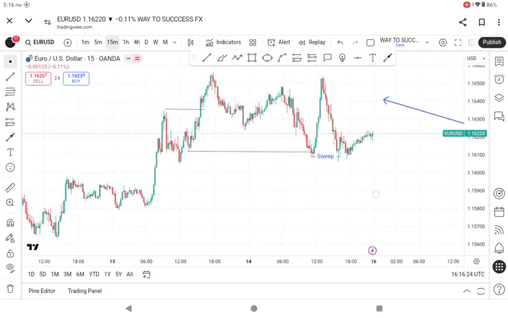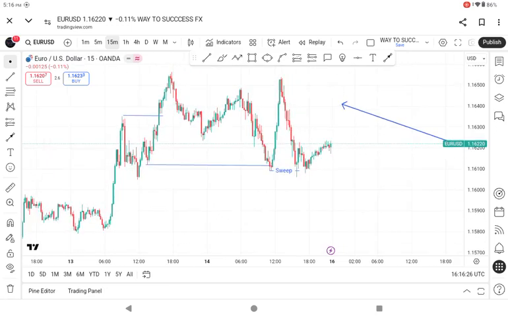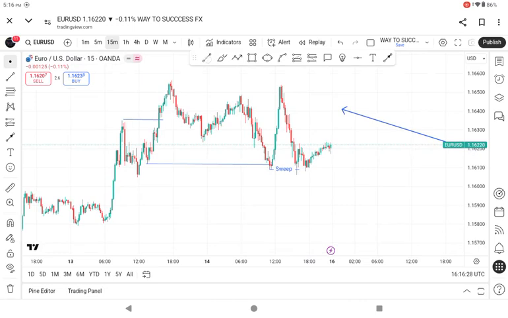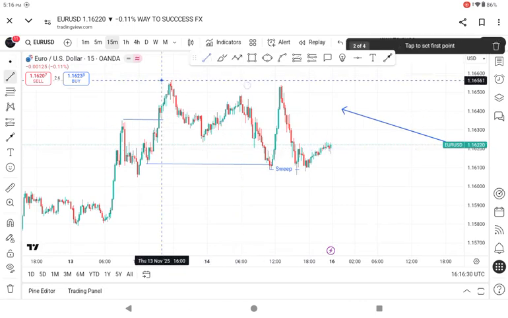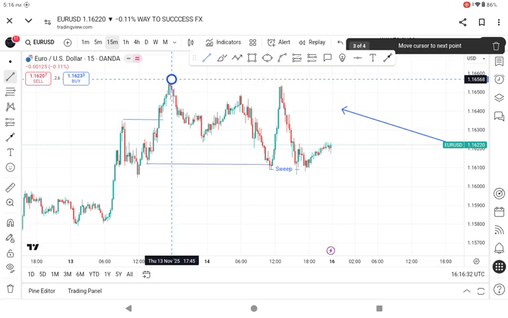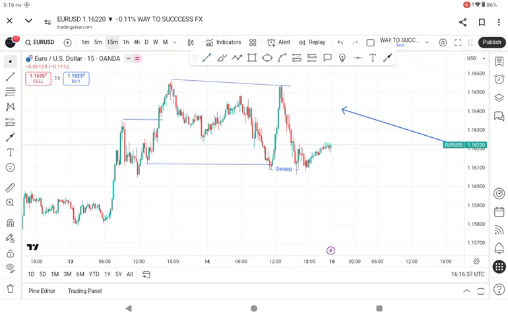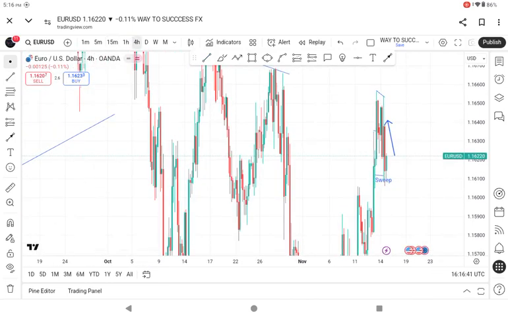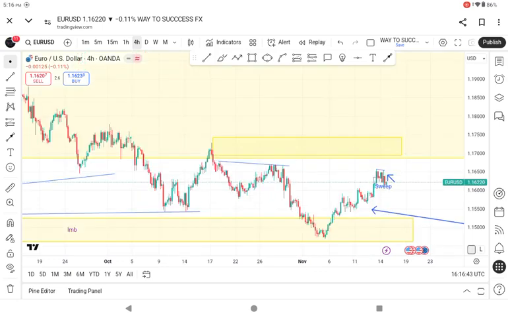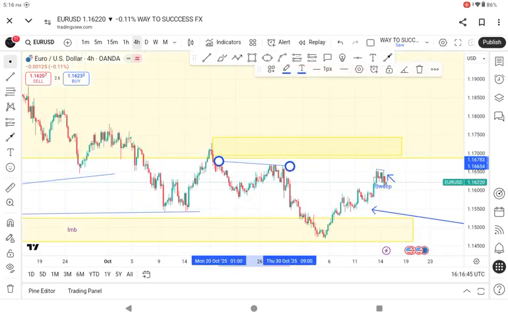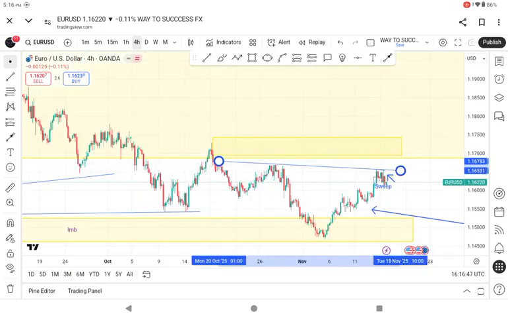Because of this, I am going to be buying and targeting this liquidity level, related equal highs. And in H4, I am targeting this liquidity here also.